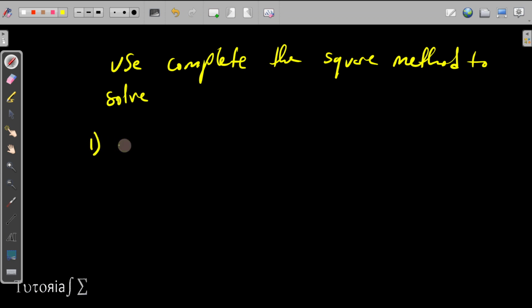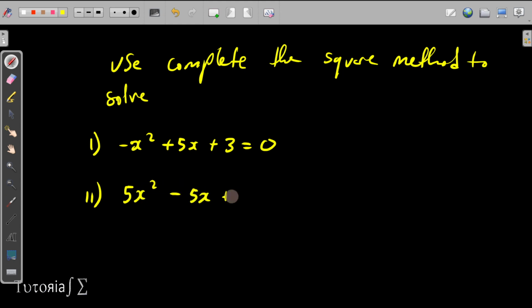Question 1, we have negative x squared plus 5x plus 3 equal to 0. The other one is 5x squared minus 5x plus 15 equal to 0. So just these two questions, you can work them out.